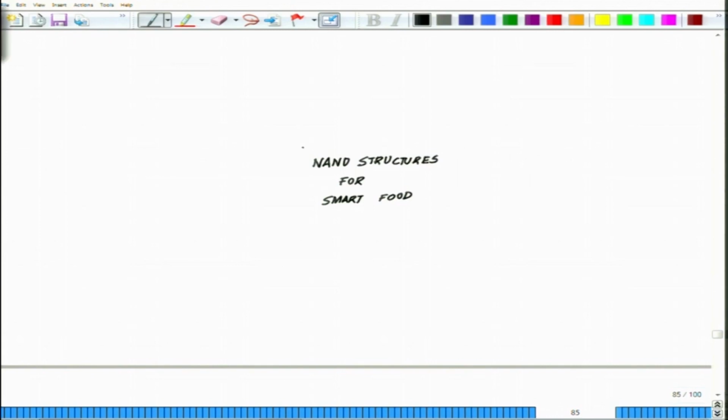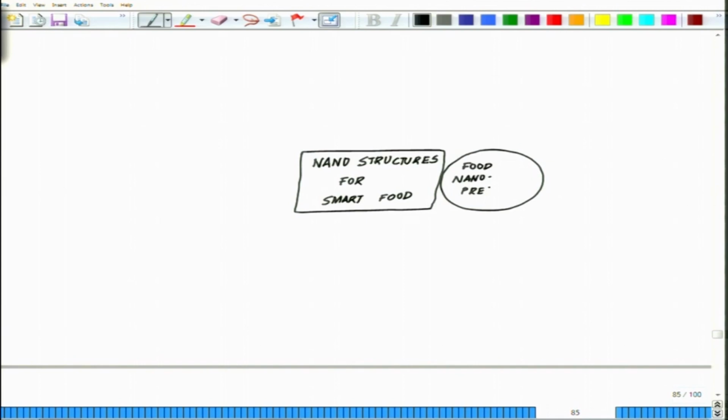These are the two aspects that we are going to delve into.